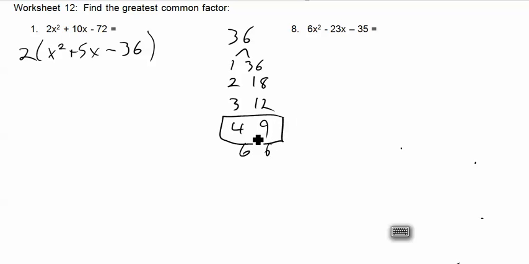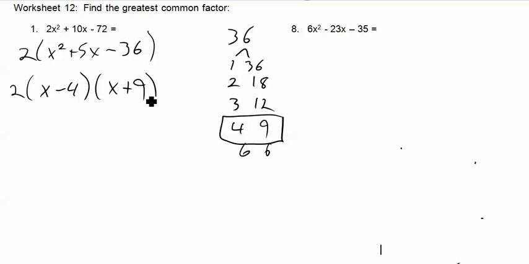When I subtract those, I get 5. So these signs are going to be different because that's minus. We need the 9 to be positive because we need a positive answer here. So we're just going to write, don't forget to write down our 2, and then we write x minus 4, x plus 9.